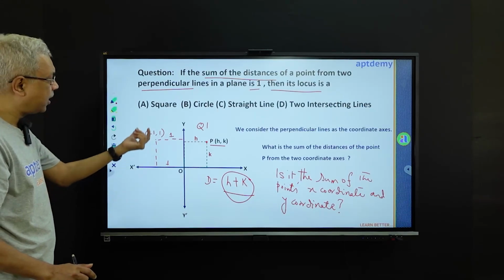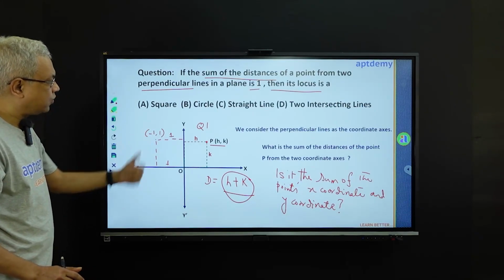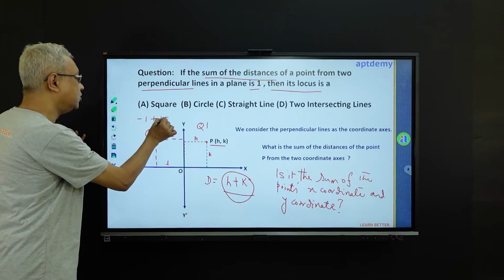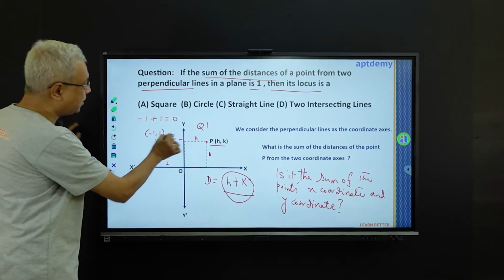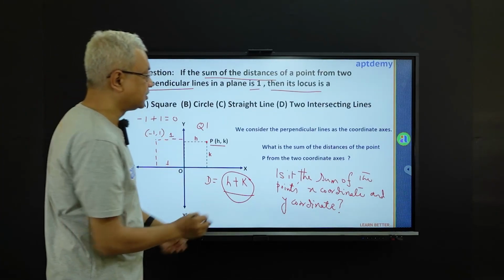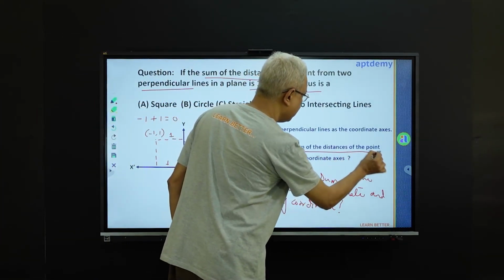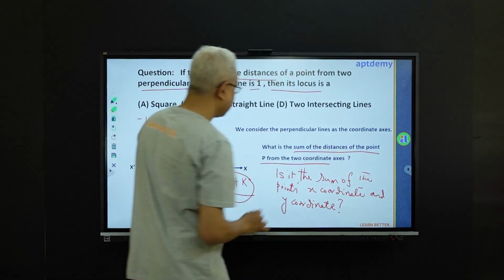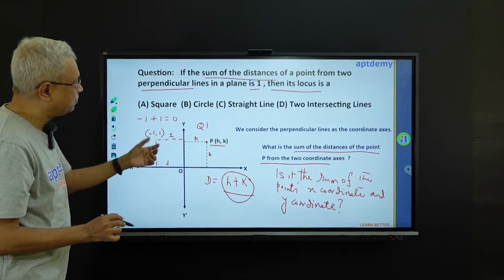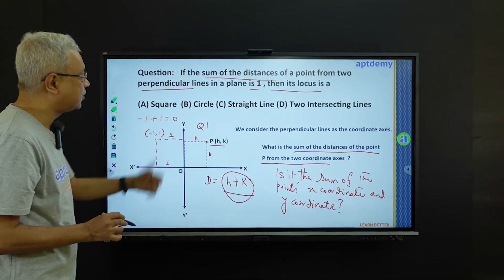So if you sum the x coordinate and y coordinate of the point, it becomes -1 plus 1, which is 0. But definitely the distance is not 0. So the sum of the distances of the point from the two coordinate axes when the point lies in the second quadrant is definitely not the pure sum of the x coordinate and y coordinate.